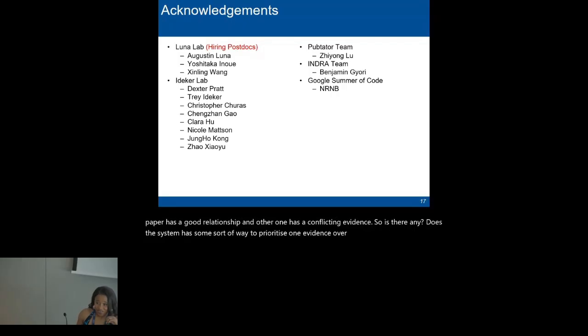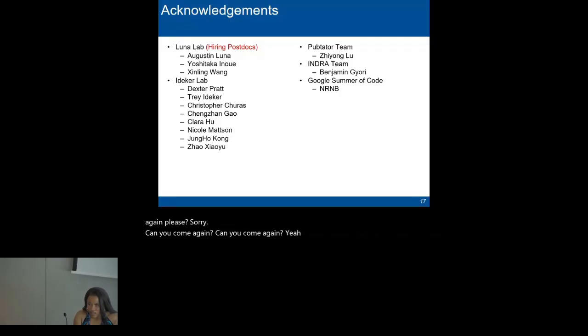How does the system choose the correct result?